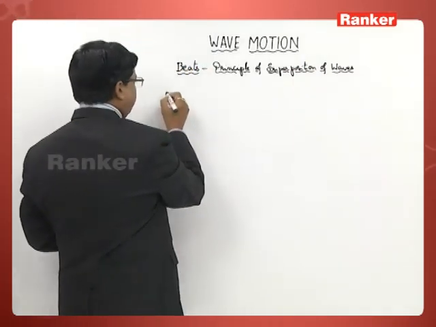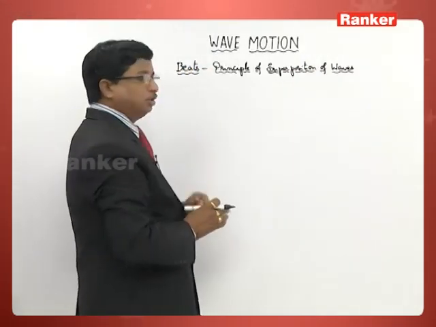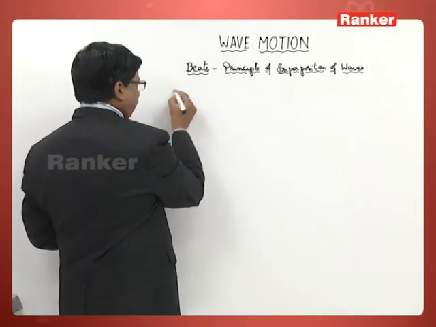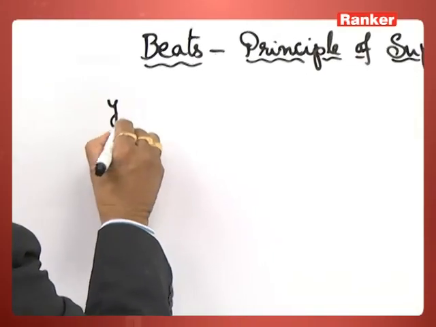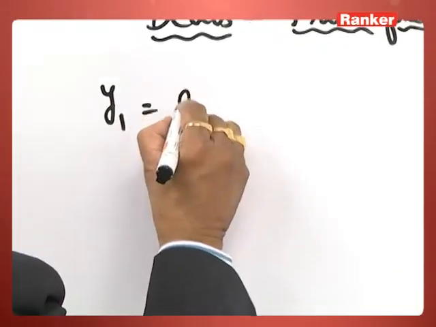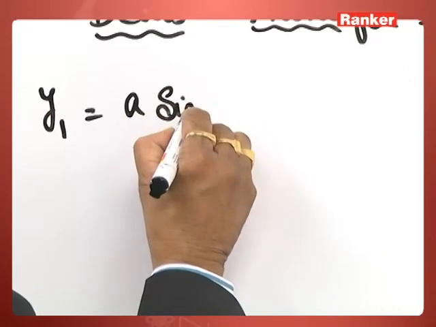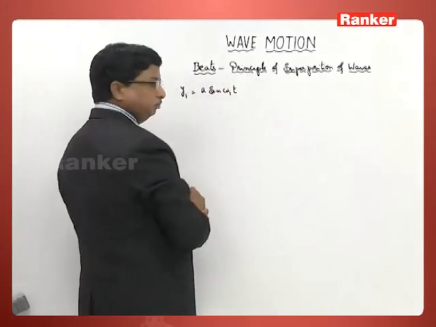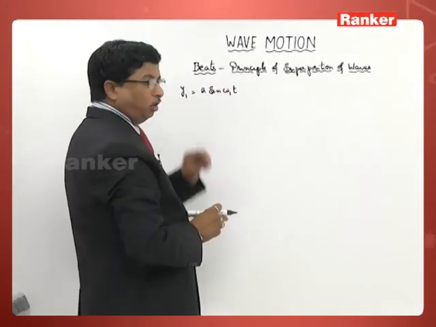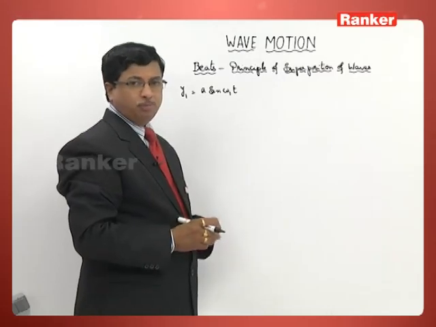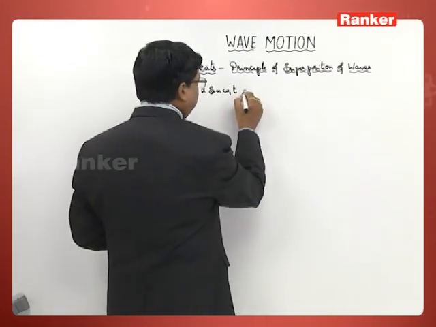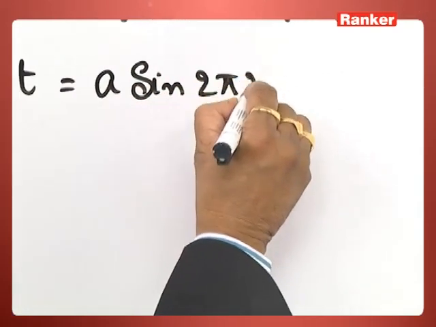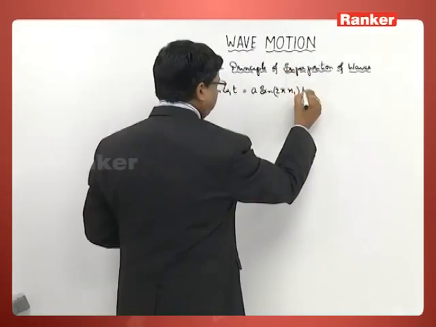Let us consider two waves which are producing beats by overlapping one over the other. Let us take the displacement of the first wave as y1 equals A sin omega1 t. Omega1 is the corresponding angular frequency of that wave, which can be rewritten as A sin 2 pi n1 t.